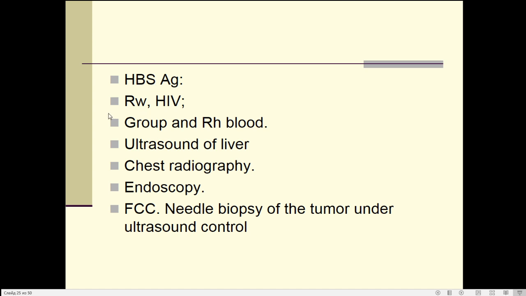HBsAg, HIV, RW, group and Rh factor, ultrasound of liver, chest radiography, endoscopy, fine needle aspiration biopsy of the tumor under control of ultrasound, or trepan biopsy under control of ultrasound.